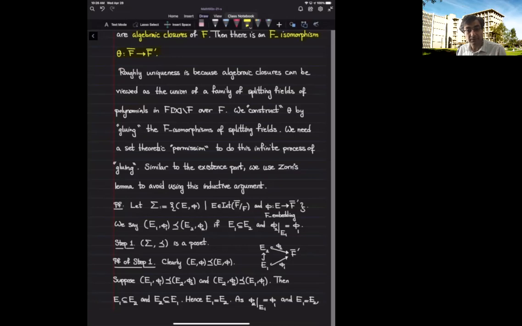assumptions from set theory. So one possible route is using the well-ordering theorem and transfinite induction. And the second route that we are going to take is to use Zorn's lemma. So often when we use Zorn's lemma, we avoid using inductive arguments.